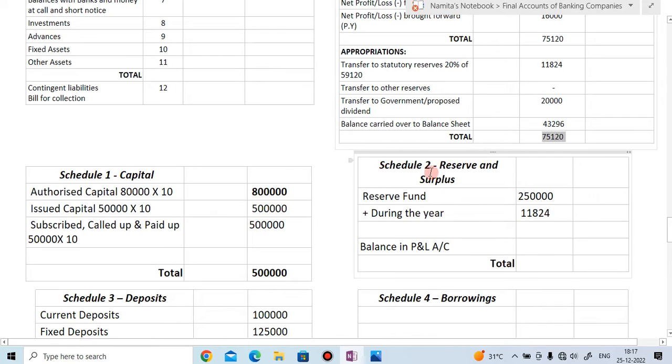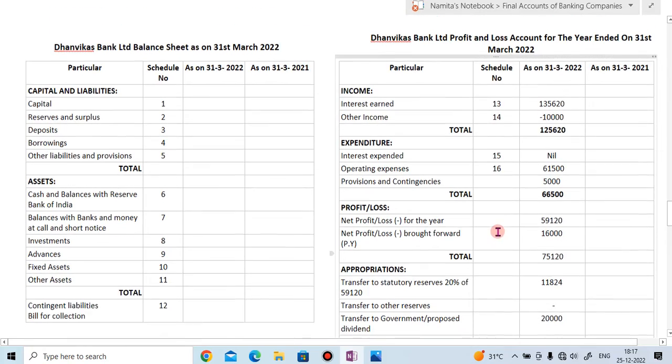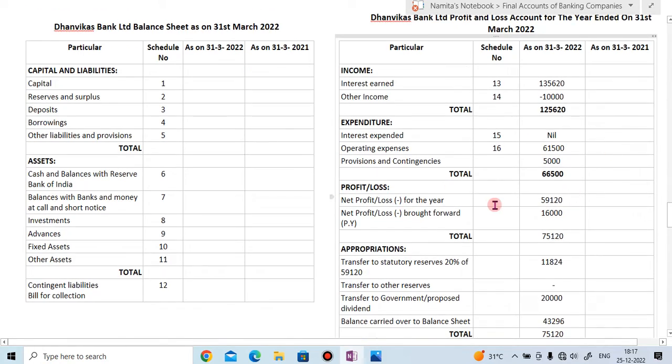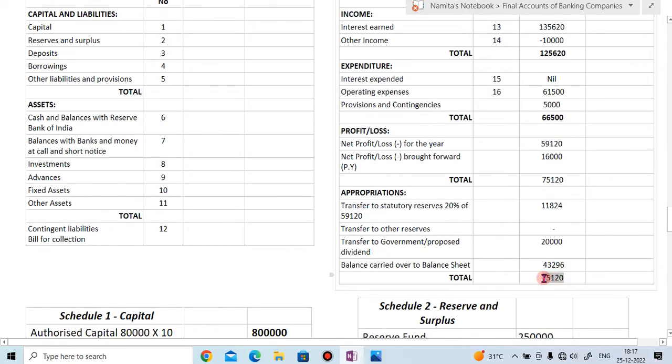Okay, to the schedule number 2. So transfer 43,296, we have transferred. Write this amount in outer column. Okay, now total of 2. Now profit and loss account is tally. Okay, now tally this thing.